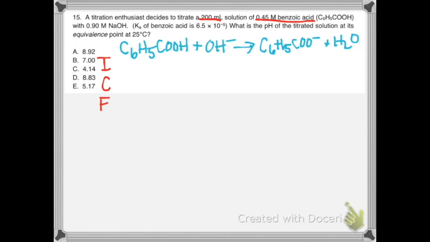And all the equivalence point is about is that your moles of acid need to equal moles of base. So if we can figure out from the volume and the concentration the moles of benzoic acid, we can figure out how many moles of NaOH we would need to have.